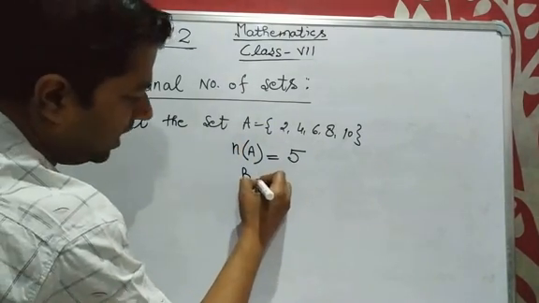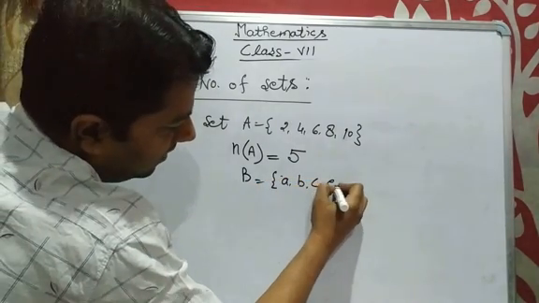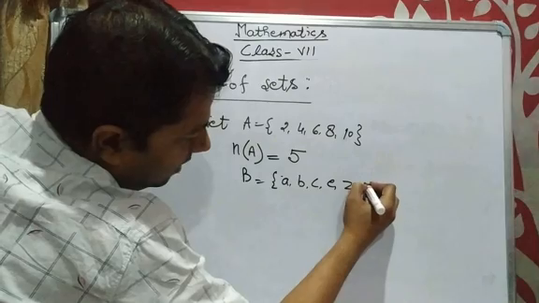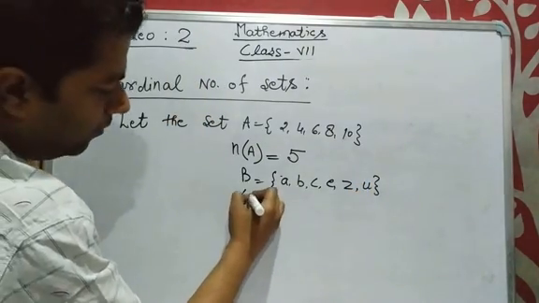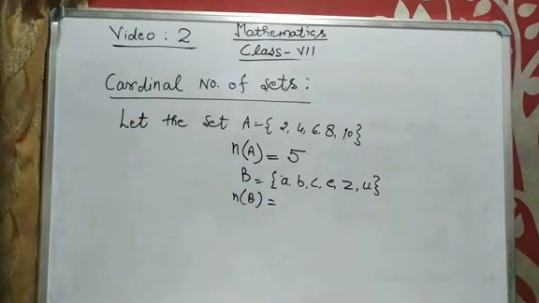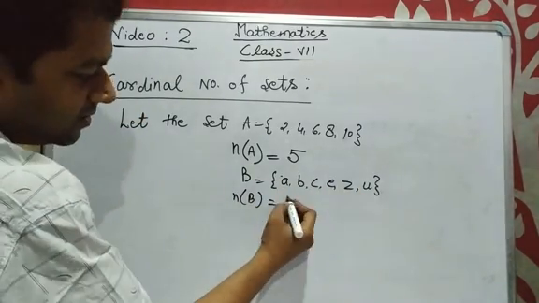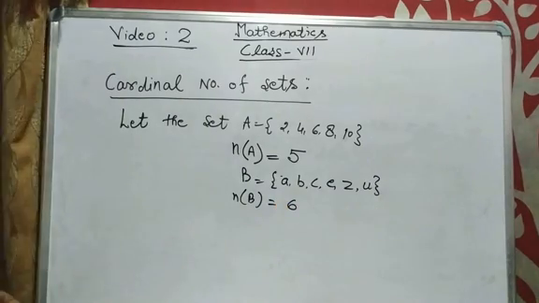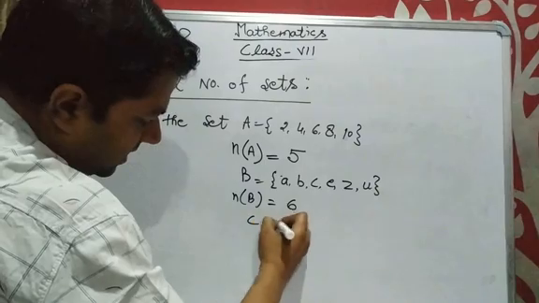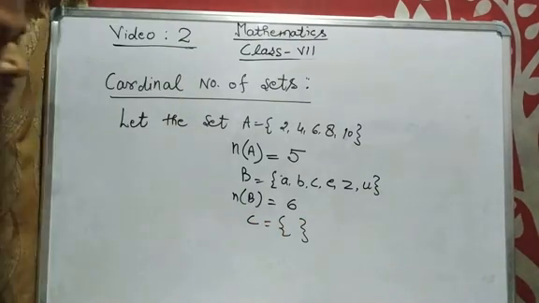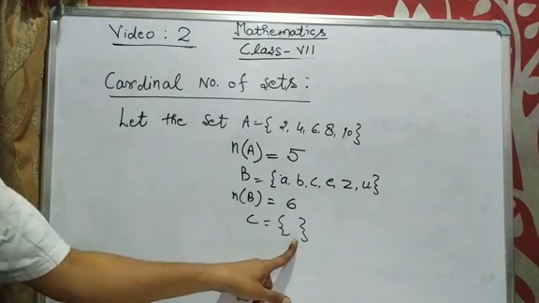Another example, B is equal to A, B, C, E, Z and U also. Then the cardinal number of B is equal to 1, 2, 3, 4, 5, 6. Let us take another example. C is equal to, what is this? Empty set, null set.